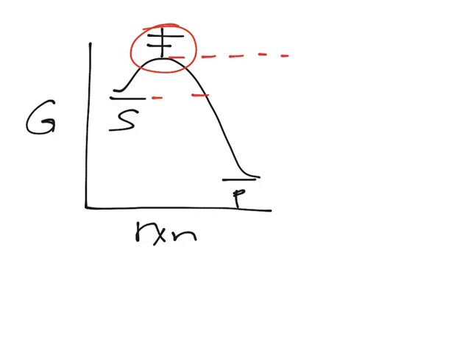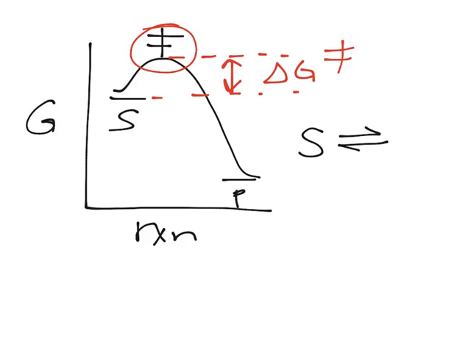We're going to do some transition state theory here. The difference between the substrate free energy and the free energy of the transition state is the equivalent of the activation energy, delta G double dagger. But we could also say that there is a thermodynamic equilibrium between the substrate and that transition state, and there is an equilibrium constant that describes that equilibrium.